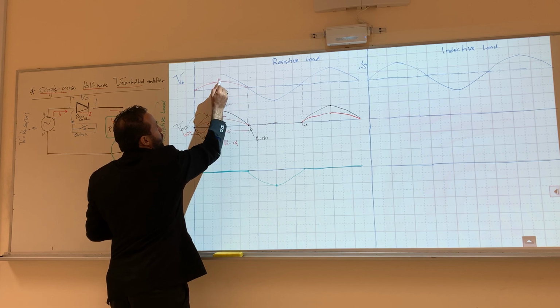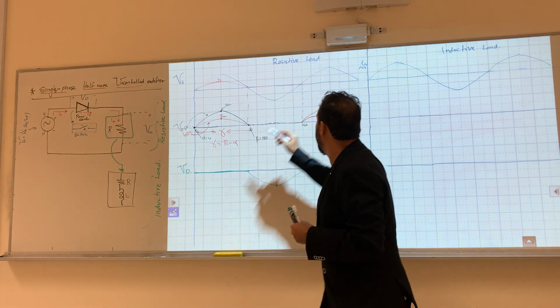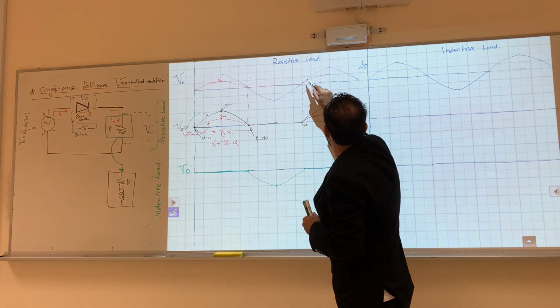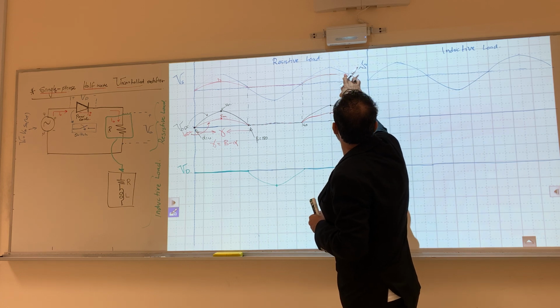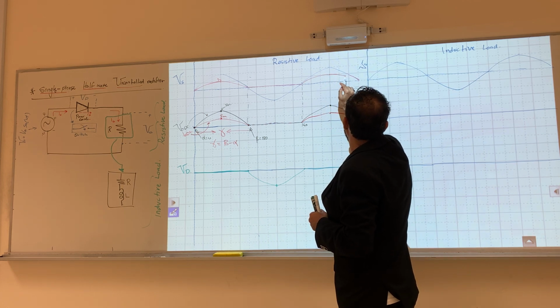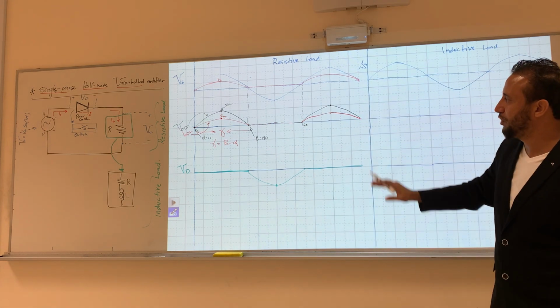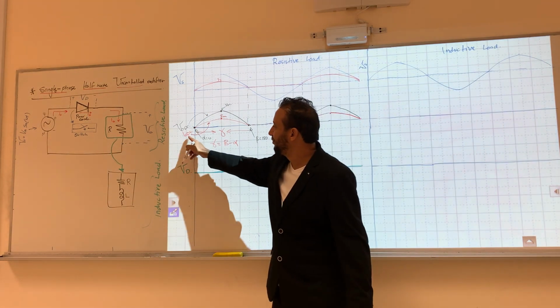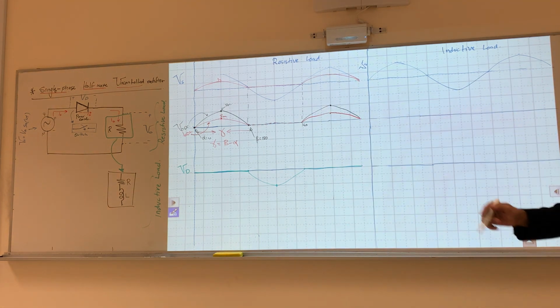This is I source, and then 0 here, and the same thing here. I source is the same as I out. That's for resistive load.